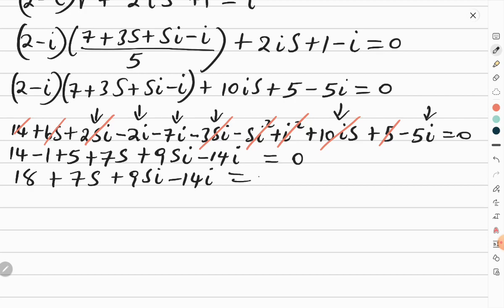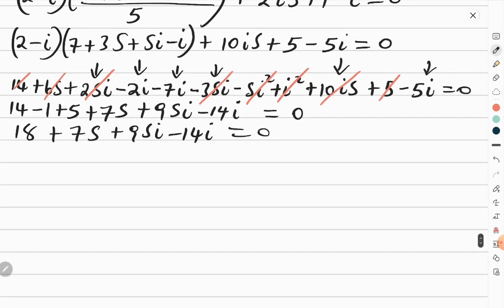Let's just remember what we are looking for. We're looking for s because that's the variable that we are solving for. So let's just take everything else that is not for s away. So which means now we can just take s(7 plus 9i), as we have factorized this portion. So the rest must move to the other side. So we are going to be having 14i, then minus 18 over there.